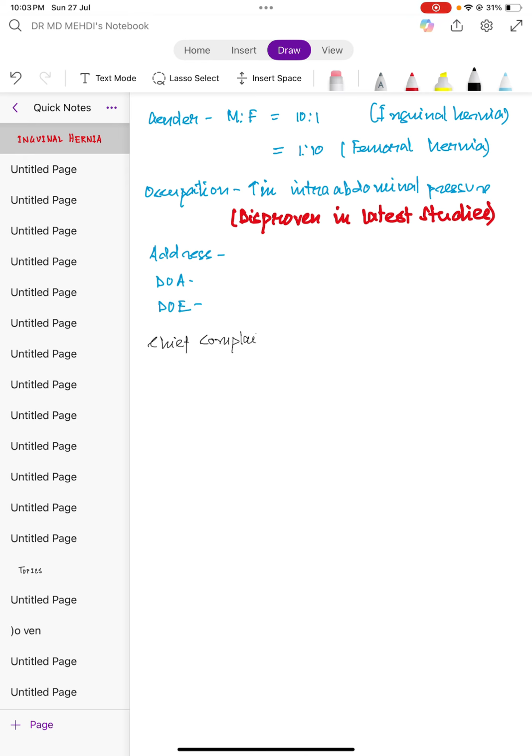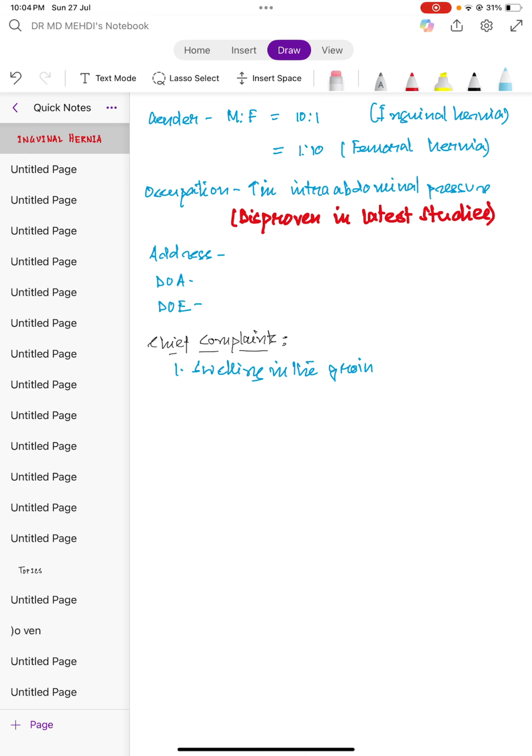Now usually at MBBS level, the chief complaint will be a swelling in the groin. At MBBS level, obstructed cases or irreducible cases are usually not given. Only reducible cases will be given, that is, those hernias which are easily reducible.